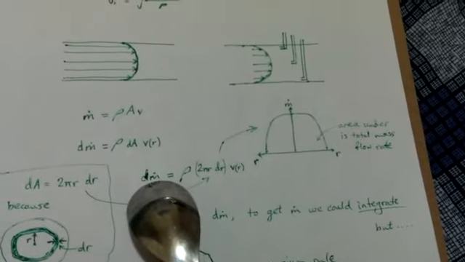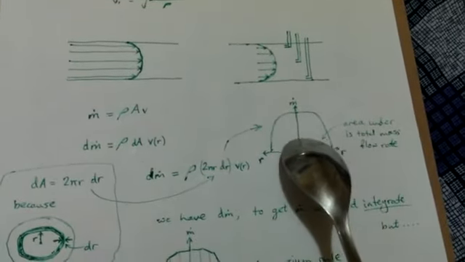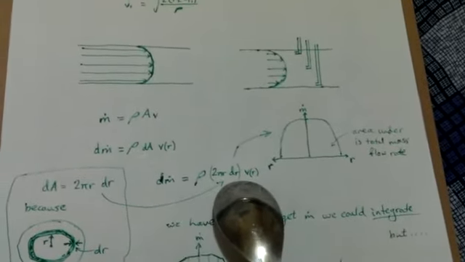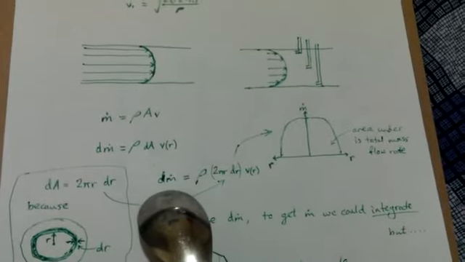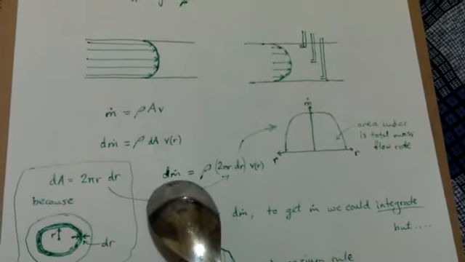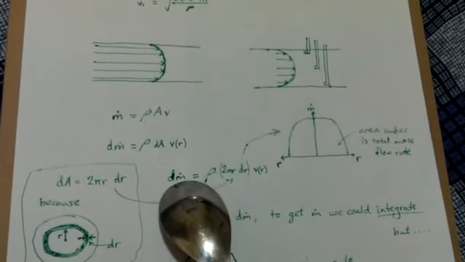So you know from A-level maths that if you want to calculate the area underneath this graph, you can integrate this equation. And when you integrate this equation, you've got dm. If you integrate that, you'll get m, which is what you want. This is the mass flow rate, which is what we want.